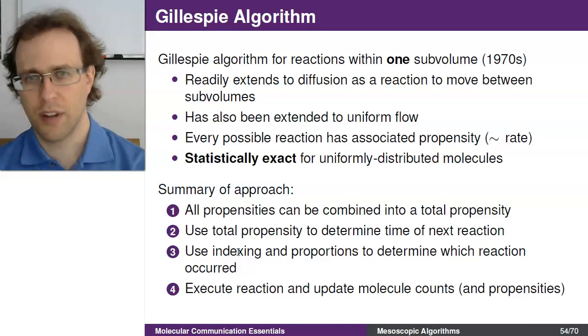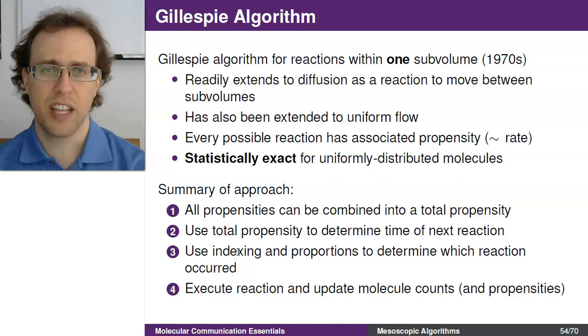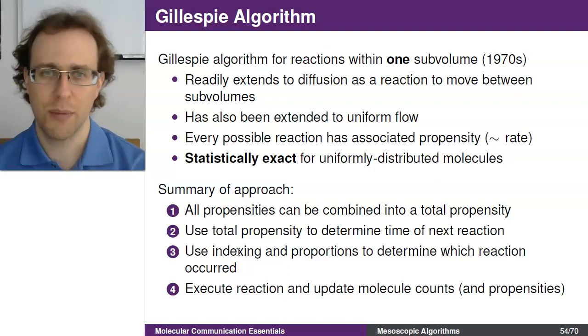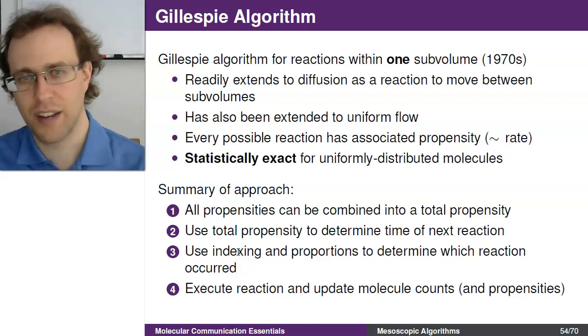And then you advance your simulation by that amount of time. You use indexing and proportions to determine which reaction occurred, so basically which molecule reacted in what way in what subvolume. So there's just a bit of a hierarchy of organizing information. It's a bit more sophisticated.